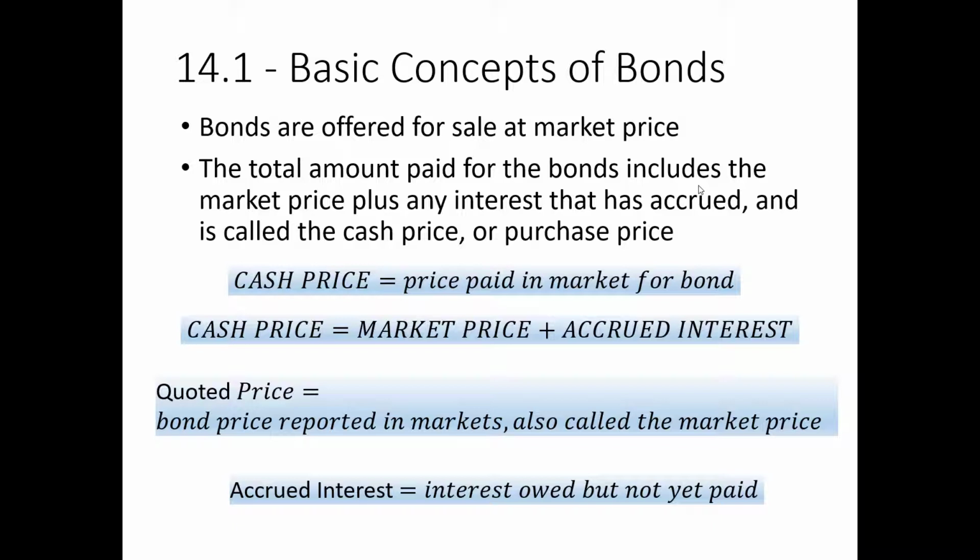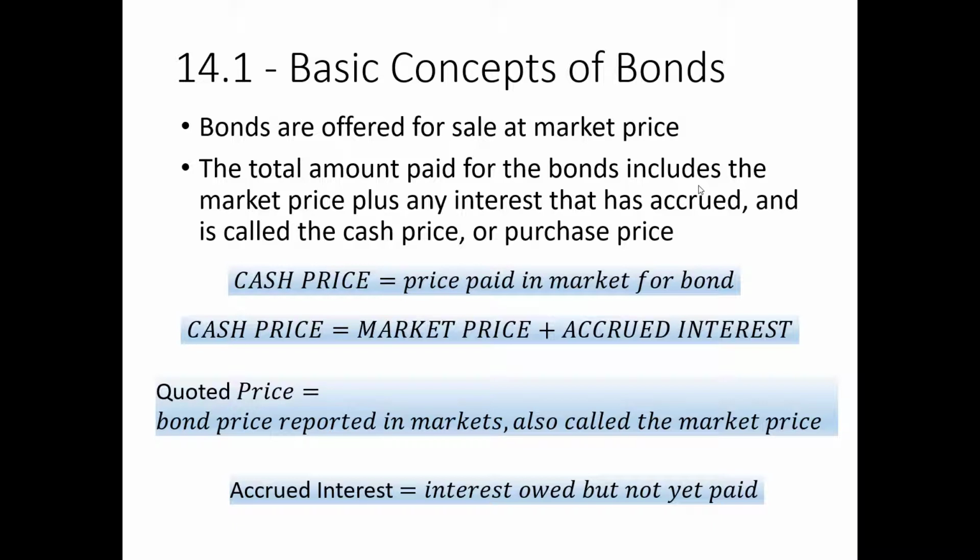So bonds are offered for sale at a market price. Well, duh, right? Okay. And so we have a couple of words that are a little bit distinct from each other. We have what's called the cash price. And I think in bond slang it's sometimes called the dirty price.